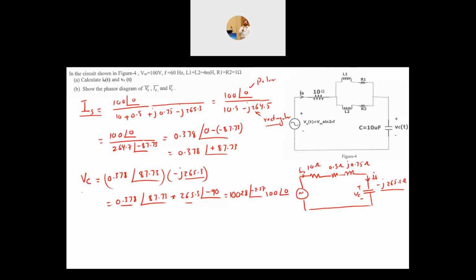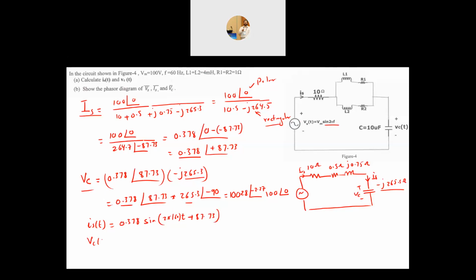So we calculated IS and VC, but in what? This is done in phasors. Now I need to find IS of t. IS of t, you take the magnitude 0.378. Since my function is sine, this would be a sine of 2 pi times 60 t, and then you add the angle plus 87.73.